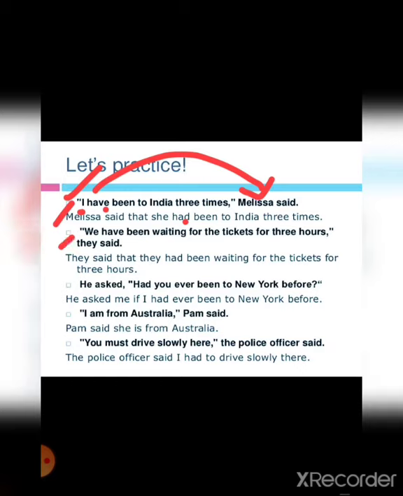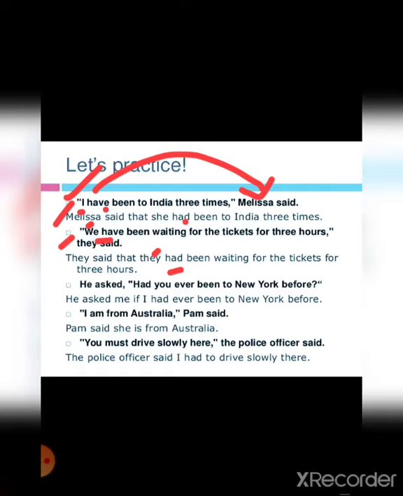Next. We have been waiting for the tickets for 3 hours. They said so. "Have been" will change to "had been". So they said that they had been. "We" will also be changed to "they" because they are talking about themselves. So that is why the pronoun is going to change according to the speaker.